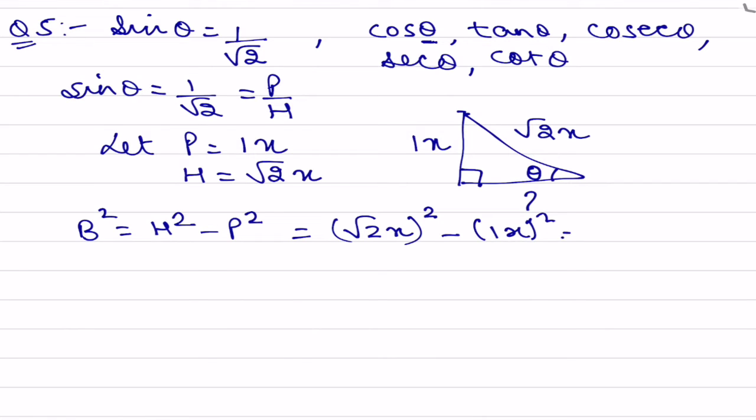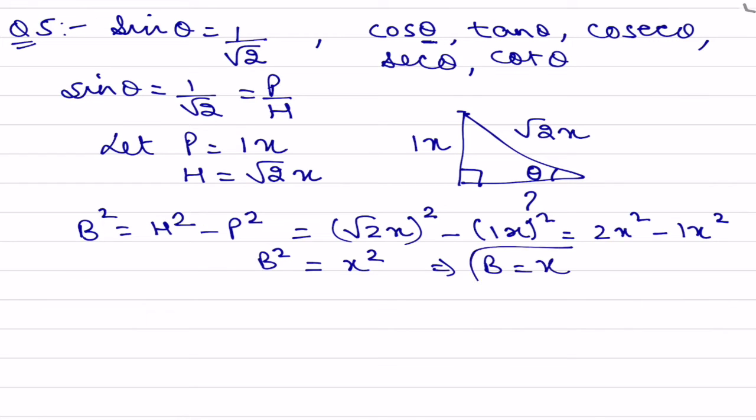Root 2 square becomes 2x square minus 1x square, so it becomes x square. When we take the square root of this, the value of base is x. So we know perpendicular, hypotenuse as well as base: perpendicular is x, hypotenuse is root 2x and base is also x.